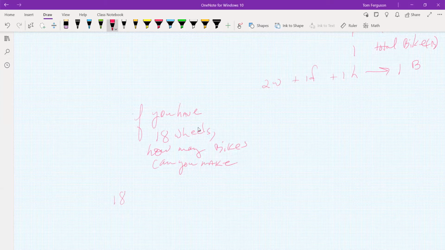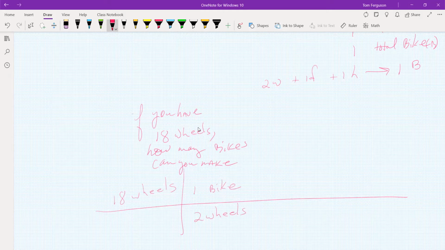Okay, so we can do this. We have 18 wheels. And it takes 2 wheels per bike. Once the wheels cancel, what do we have left? Number of bikes. So 18 divided by 2 is 9 bikes.